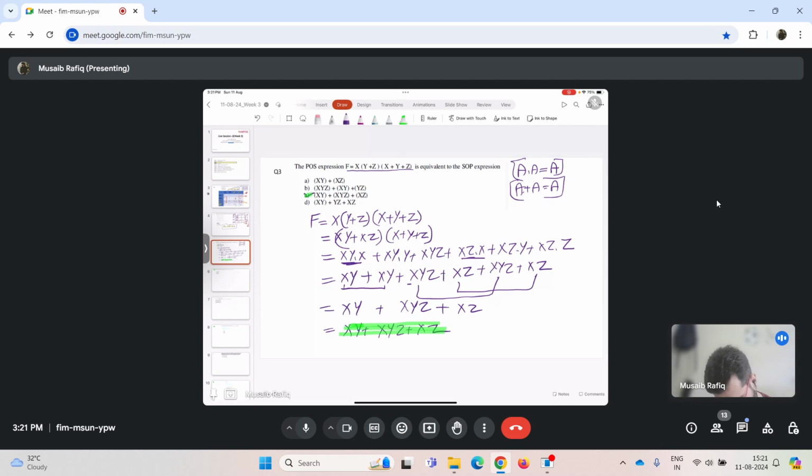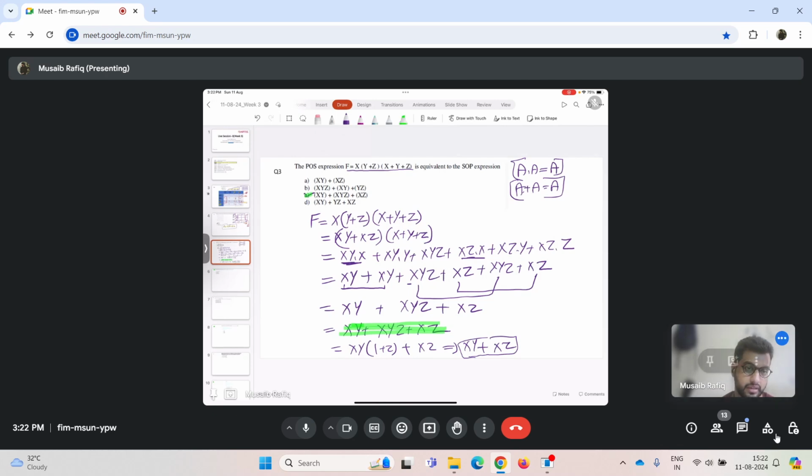Yeah, it can be reduced further. Correct, you're right. It can be written like this: xy times (1 plus z) plus xz. Then it will be equal to xy, since z plus 1 is 1, and then xz. Right, correct.